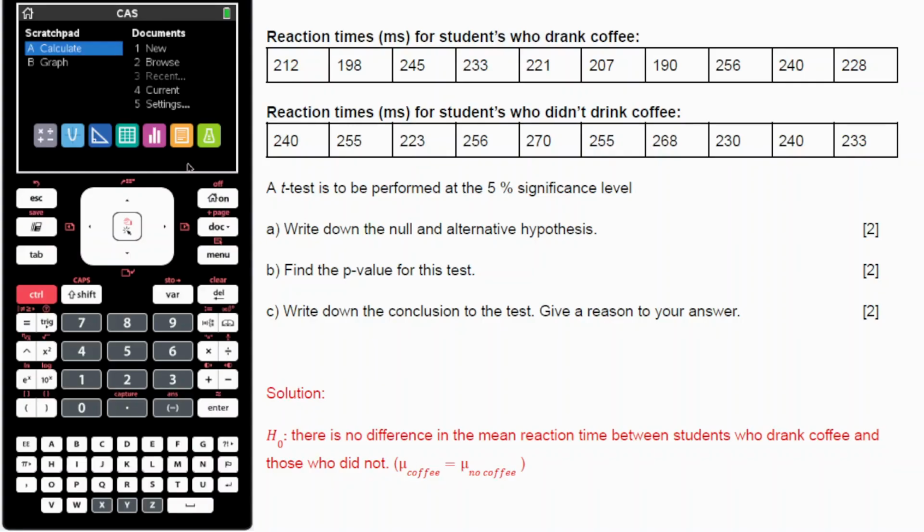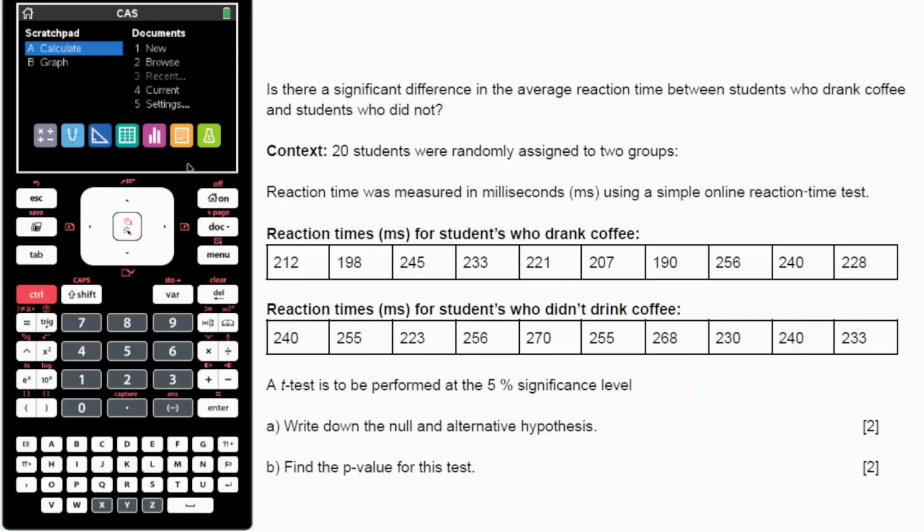That way it will definitely go correctly. Now, the alternative hypothesis depends on what we are investigating, and in the question we can see up here: is there a difference in average reaction times? So we are not investigating whether the mean value is smaller or greater, but whether there is a difference.